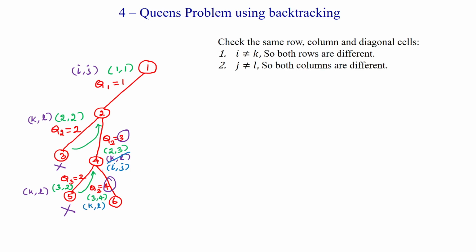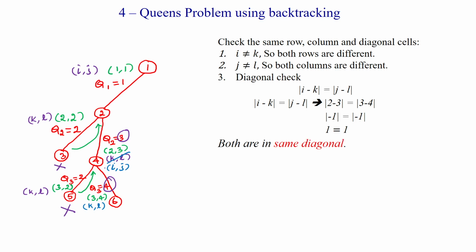After placing, I check whether both are in the same row. The i value is 2, k value is 3, not in the same row. Then j value is 3, l value is 4, not in the same column. Then diagonal check, we substitute the values of i, k, j, l and get 1 equal to 1, so both are in the same diagonal. Here also we cannot place the queen.